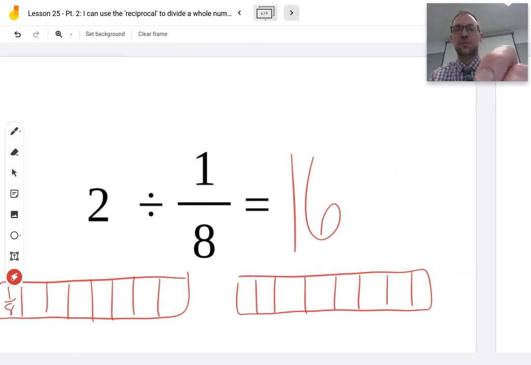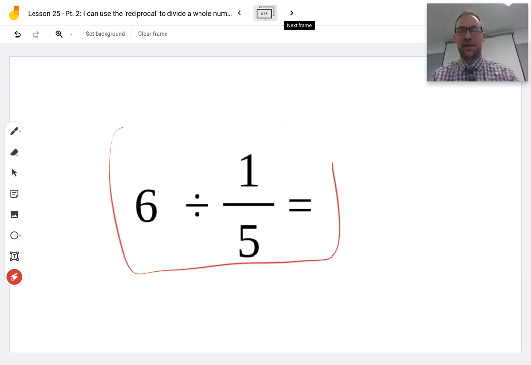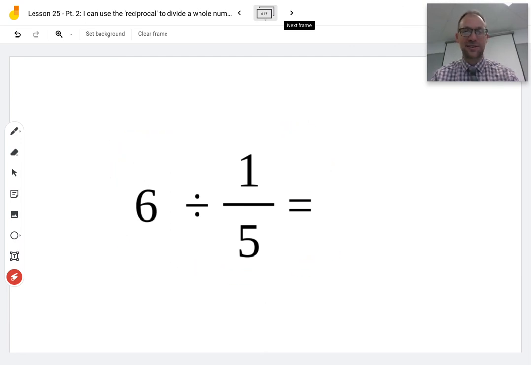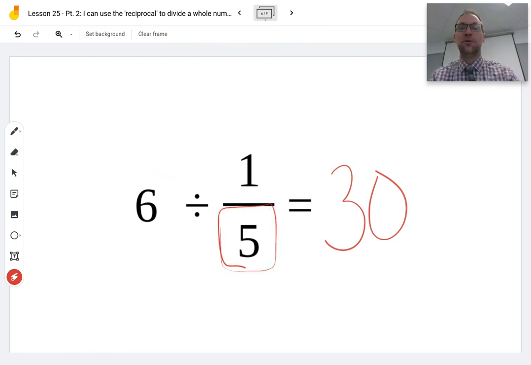Let's do another one. Here we have 6 divided by 1/5. What is the quotient? Yes, the quotient is 30. 6 whole bars. Each is a group of 5 fifths, or there are 5 pieces in each. That makes 6 times 5, which is 30.